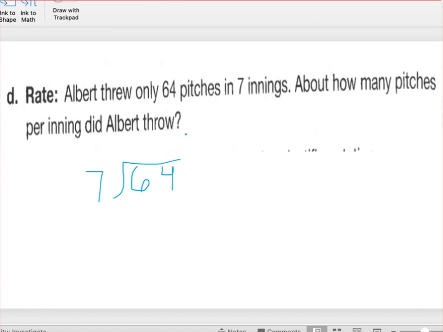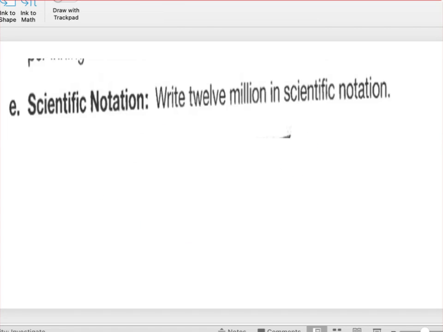And we know that 9 times 7 is 63, and that's going to be pretty close, isn't it? So we have 1/7 left over, and 1/7 would round down because 1 is not half of 7. So we would say about 9 pitches per inning.